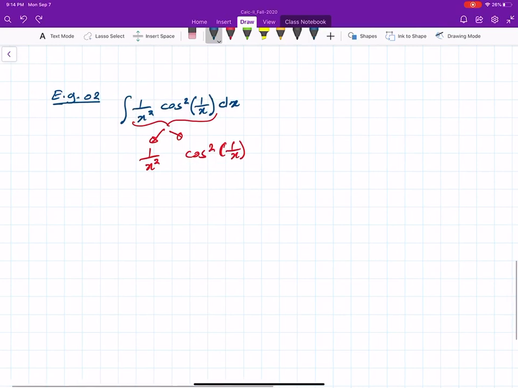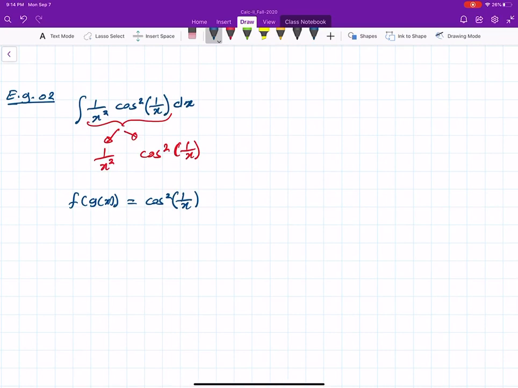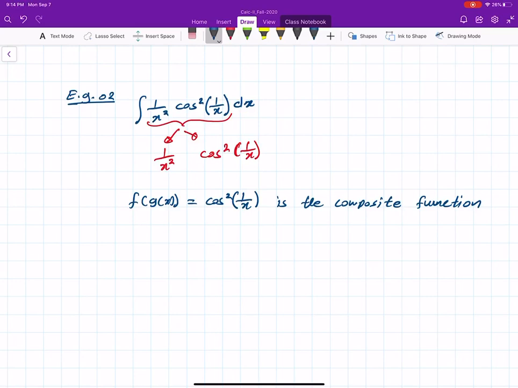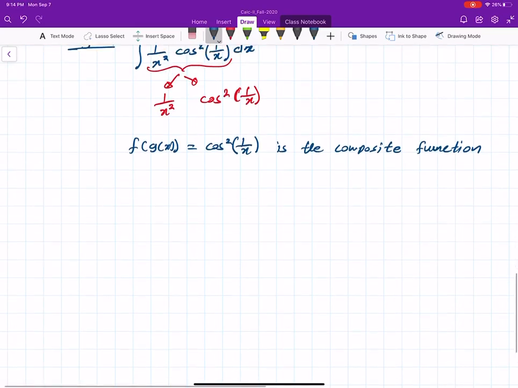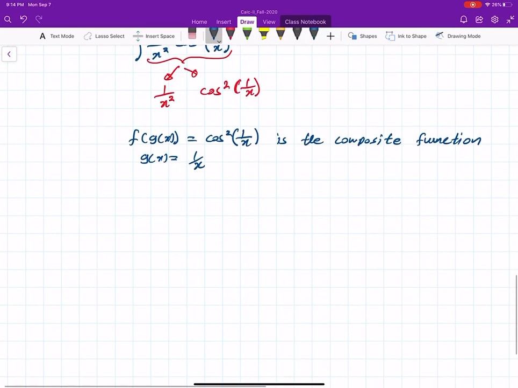So I take f of g of x as cos square 1 over x, the composite function. The inner function g of x is 1 over x.